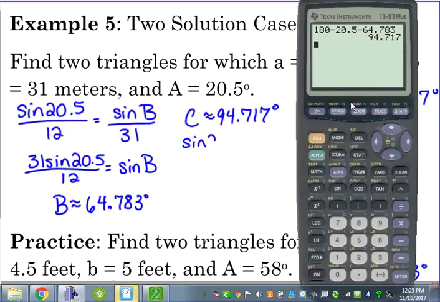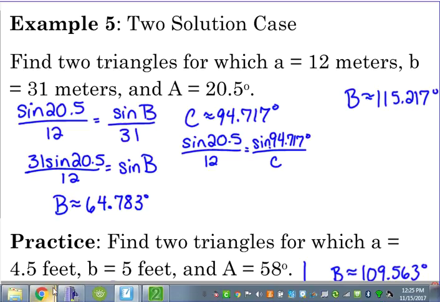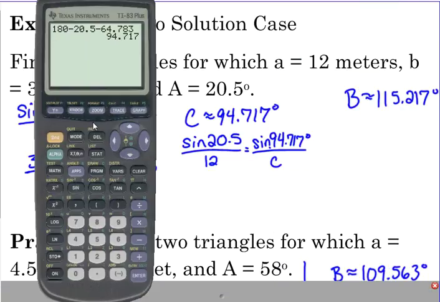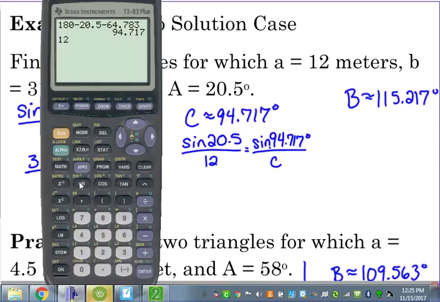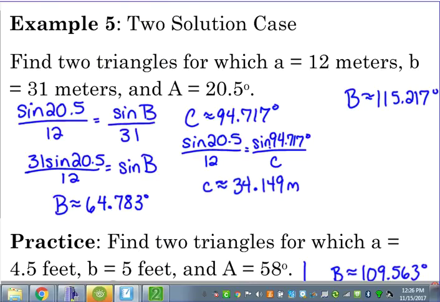So let's set up our law of sines again to find side C. 12 sine of 94.717, using the answer, divided by the sine of 20.5 gives us that side C is approximately 34.149 meters.